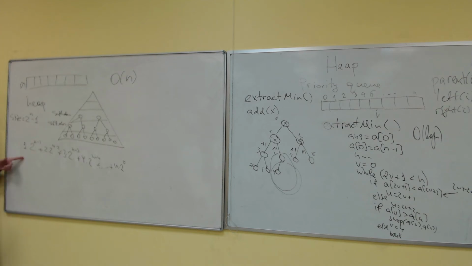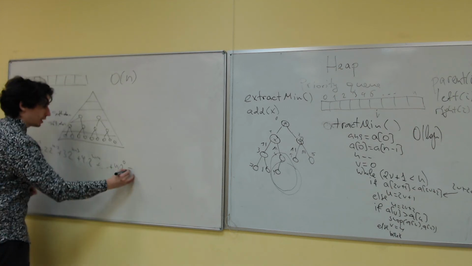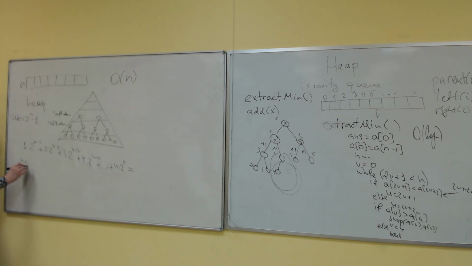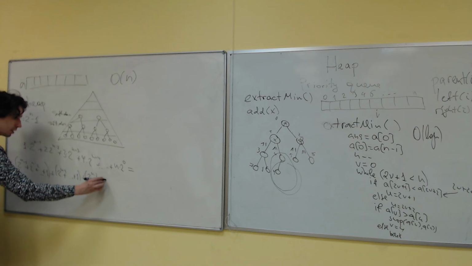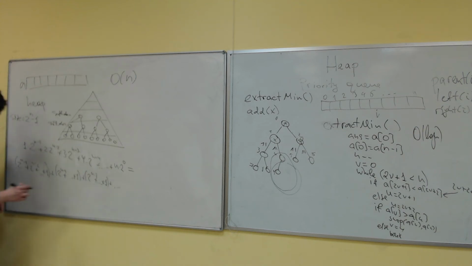If you don't believe it, this is again a telescoping sequence. You can replace it as 2 to the power n minus 1, plus 2 to the power n minus 2, and so on, plus 1, then plus 2 to the power n minus 2 and so on plus 1, then plus 2 to the power n minus 3 and so on.